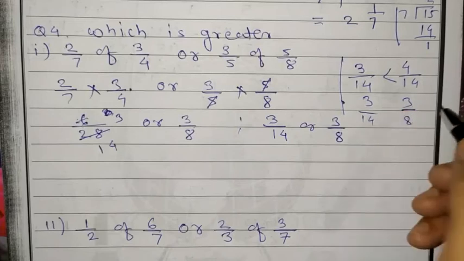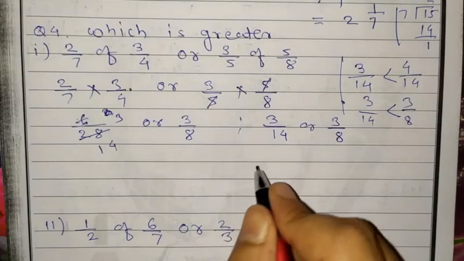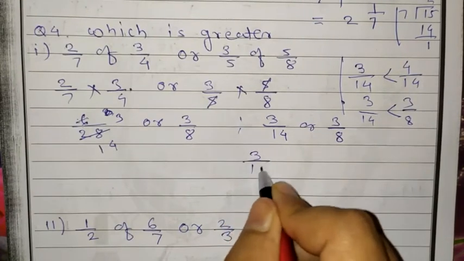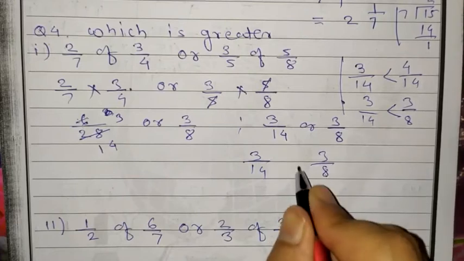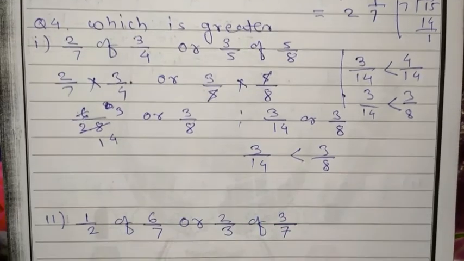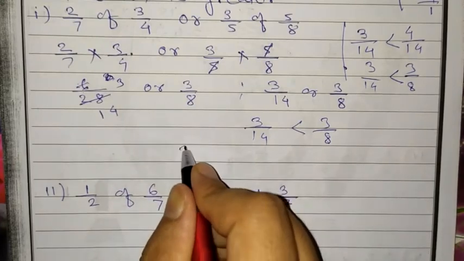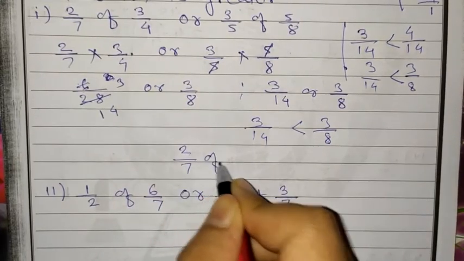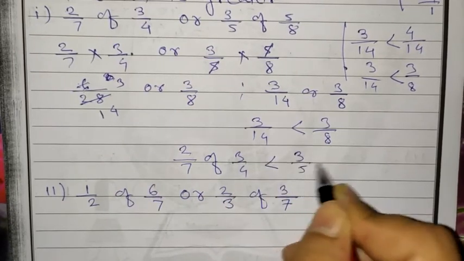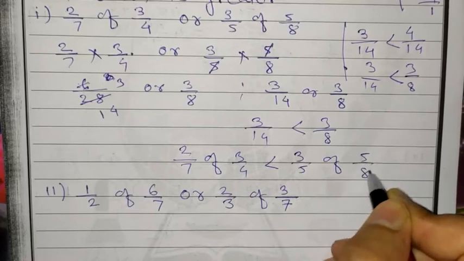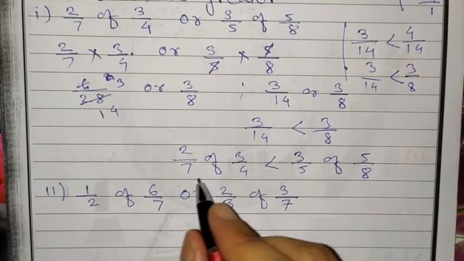Then the smaller denominator will be greater. Opposite will be there. So which number is smaller downside? This number is smaller, so that will be greater. So from the above statement, we conclude, writing the upper question as it is, that 3 upon 5 of 5 upon 8, this term is greater than this one.